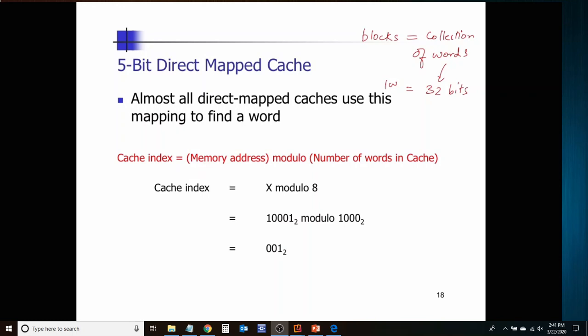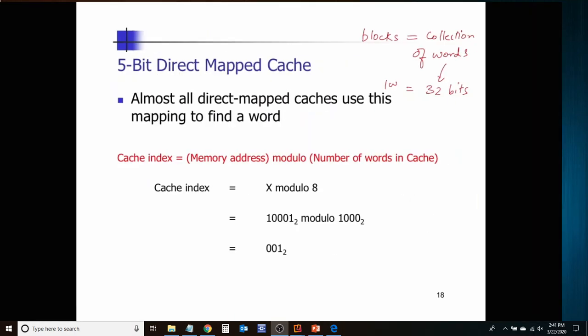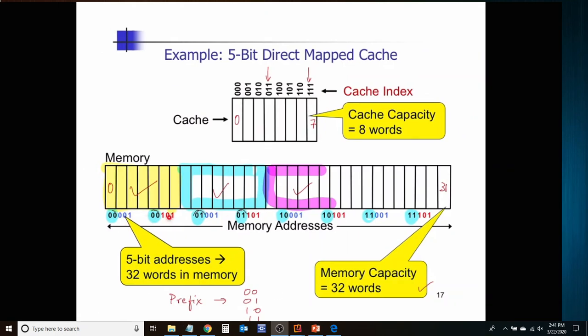So suppose we wanted to find the cache index of something in memory. The address is denoted as X right now. To find the cache index, we would need to do a modulo with the number of words in the cache. In our example, the number of words in the cache were 8, so that goes over there, and X is a memory address. So we can take a look at any one of the 32 addresses.